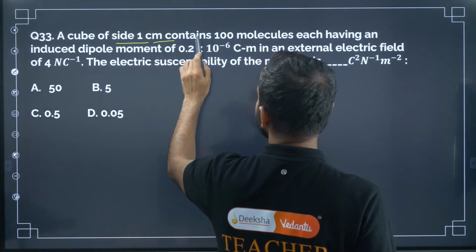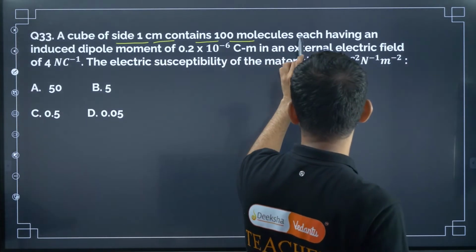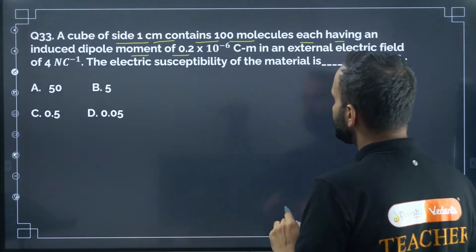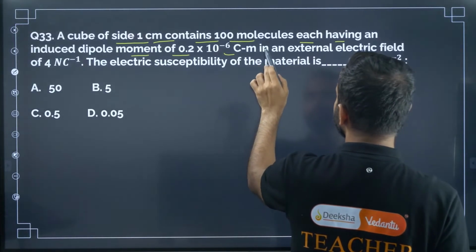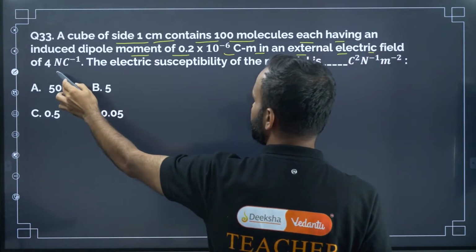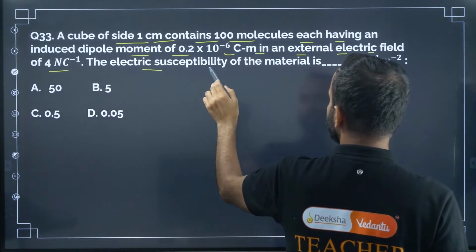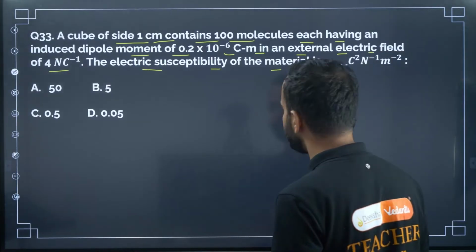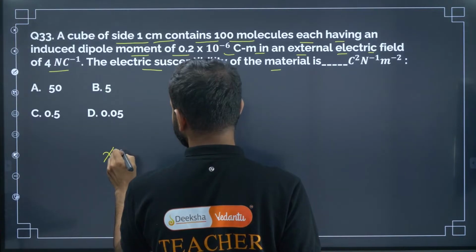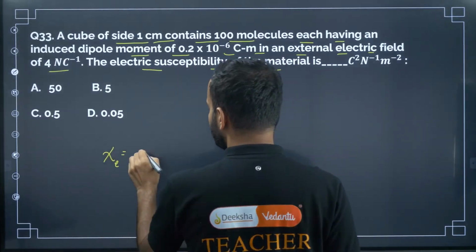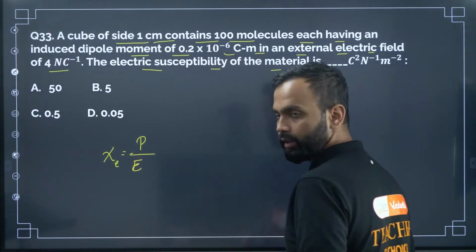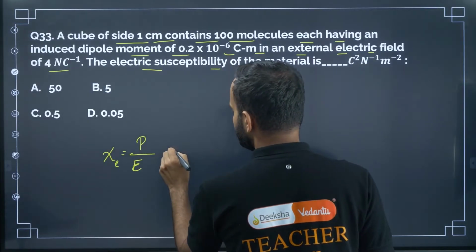A cube of 1 centimeter contains 100 molecules, each having an induced dipole moment of 0.2 into 10 to the power minus 6 coulomb meter in an external electric field 4 Newton per coulomb. The electric susceptibility of the material is, okay, electric susceptibility Xi E is equal to the ratio of the polarization by electric field, right? So what is polarization?